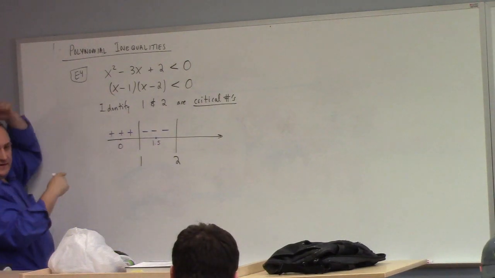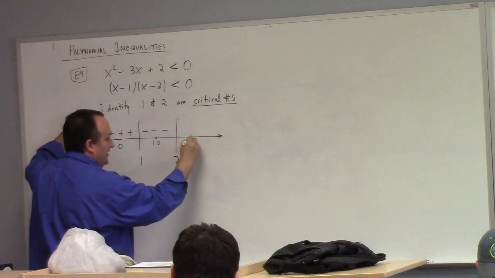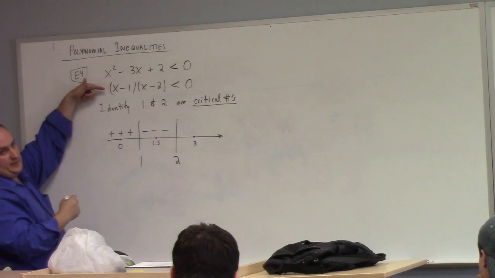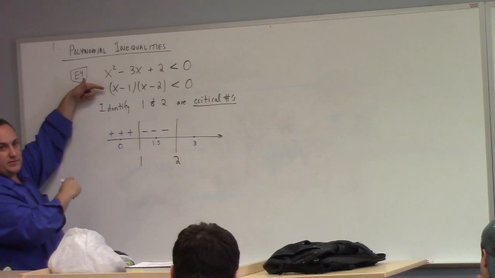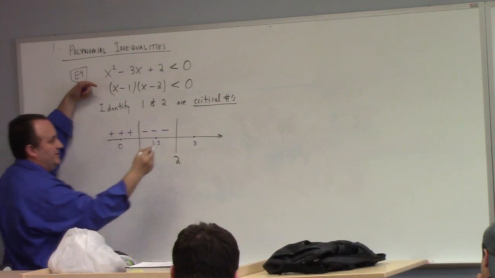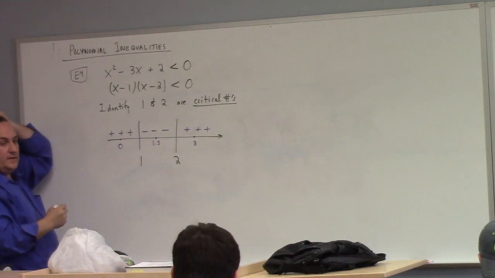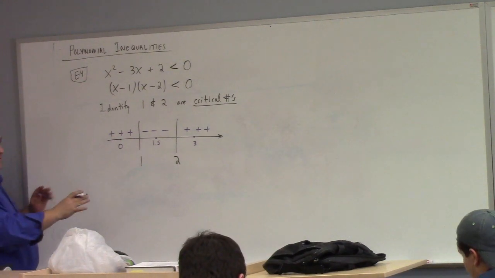We just care about the sign. And then if we plug in 3, for example, we get 3 minus 1 is 2, 3 minus 2 is 1, plus times plus, we get plus. Once you have this, you can write down the solution.